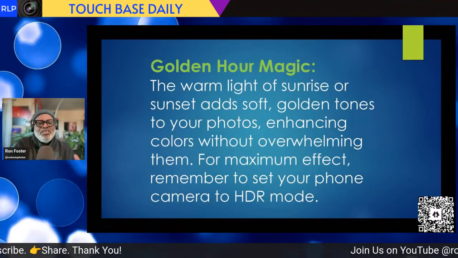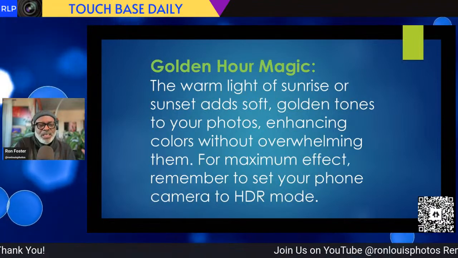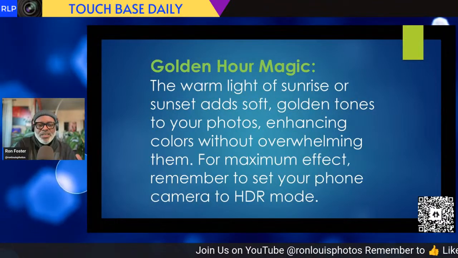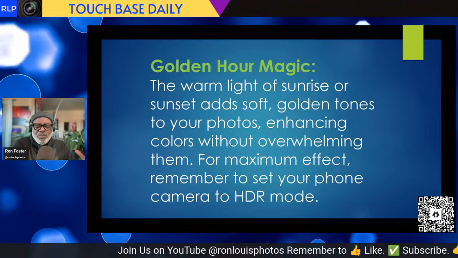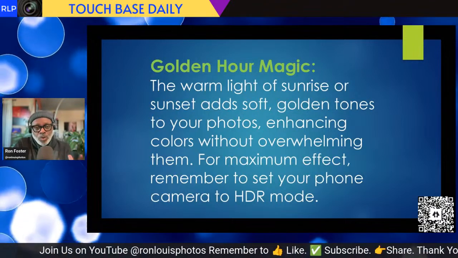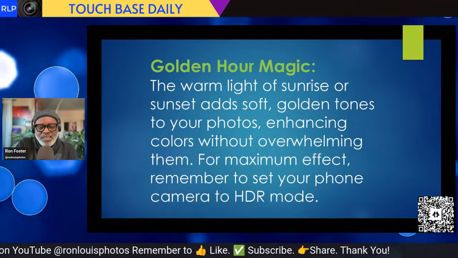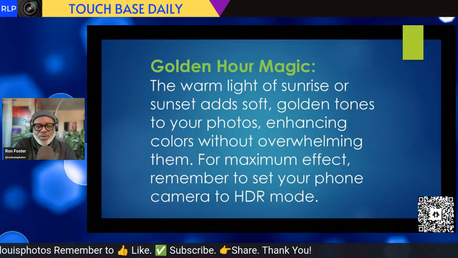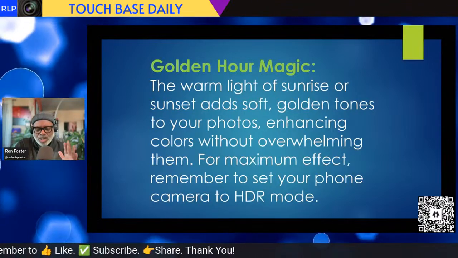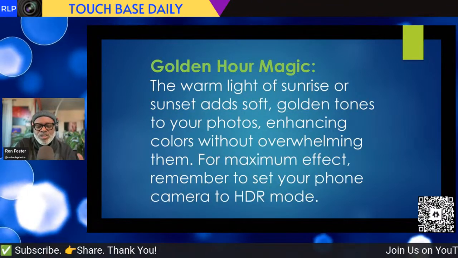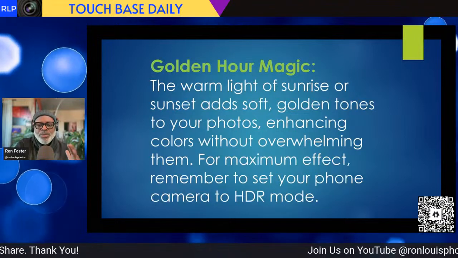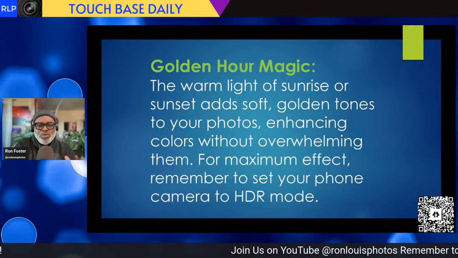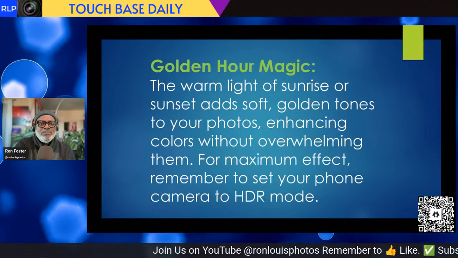Golden hour magic. Y'all know we talk about that in this community. But if you're new here, the golden hour is the hour before sunset or the hour after the sun rises. The golden hour. There's a magic. There's a glow. And you can make great pictures during that glow.